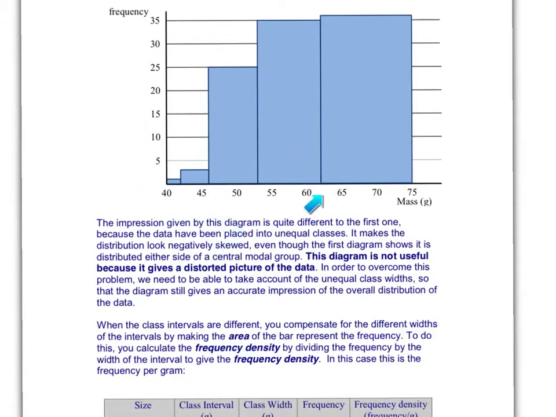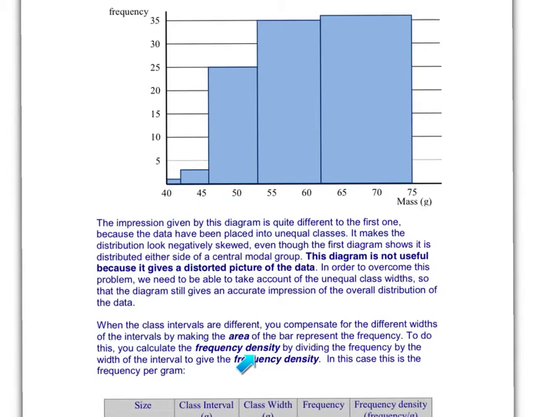And this clearly shows that this is actually incorrect. Well, it's not a useful diagram because it gives us the impression that the data is negatively skewed. We just saw in a previous histogram that in fact it was distributed equally around the central modal group.